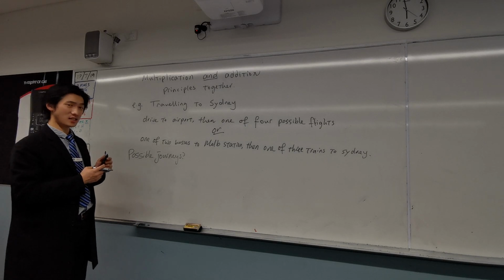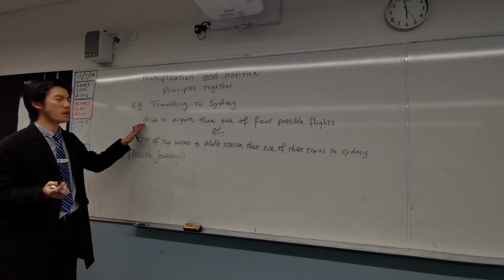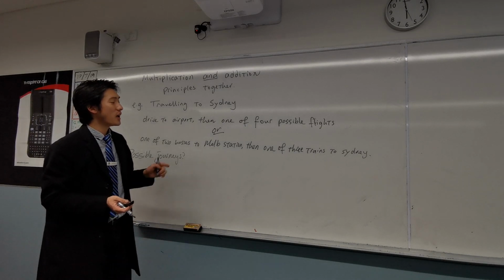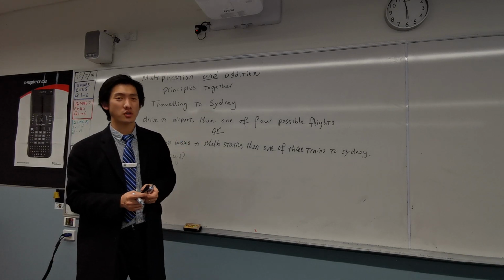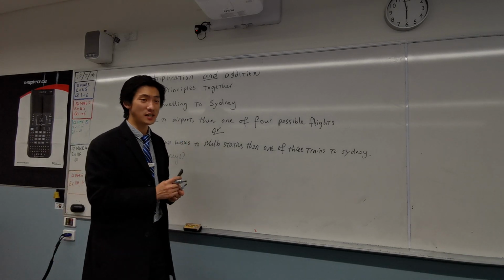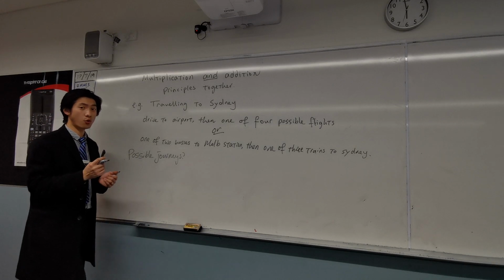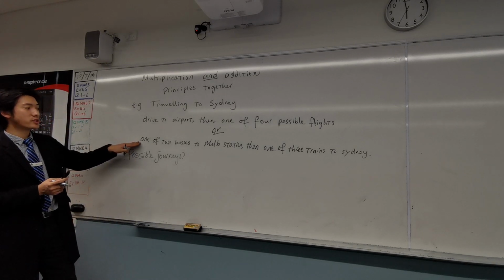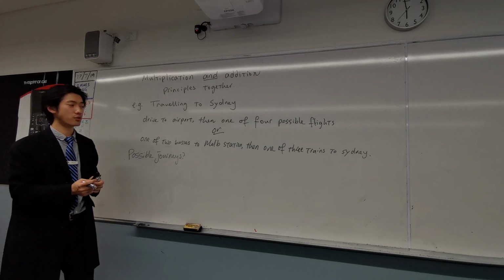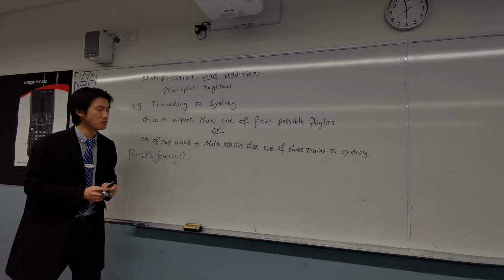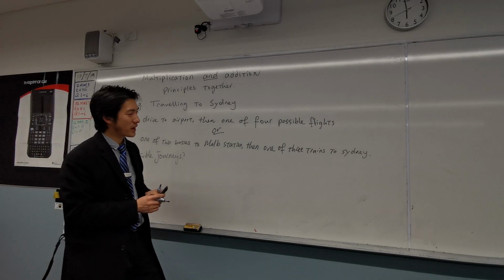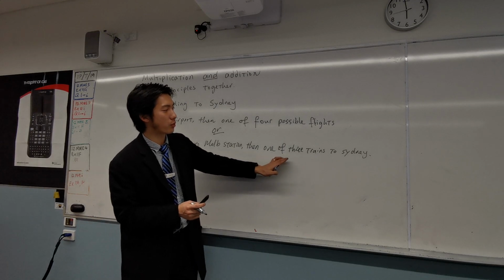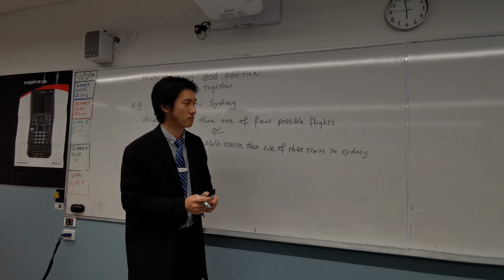One of the ways you can get to Sydney is get mum to drive you to the airport and then take one of 4 possible flights from Melbourne to Sydney. You can do that, or you could also take one of the 2 buses that go to Melbourne Central train station, and then from the train station, take one of the 3 trains that goes to Sydney.